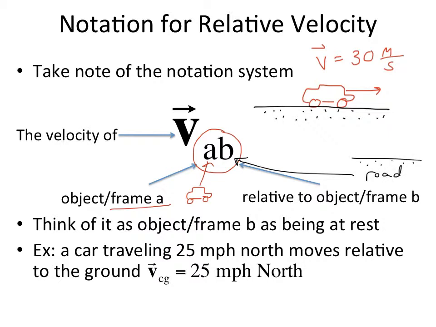Okay, so we could actually label this velocity right here. The velocity of the car with respect to the road is 30 meters per second, and we should give it a direction that looks like due east, right, or 0 degrees north of east. Okay, so it's always the one object that is moving with respect to the second object right there.